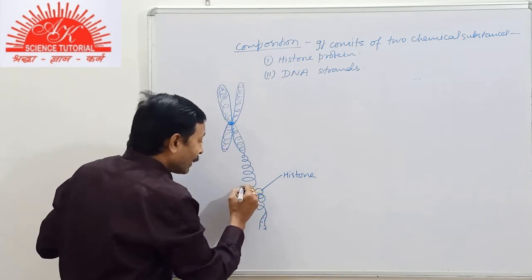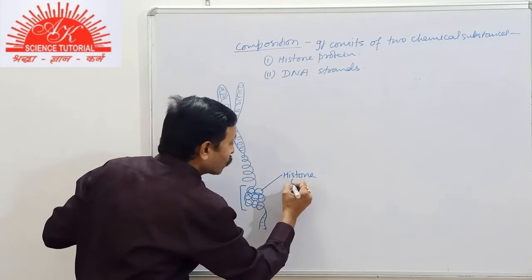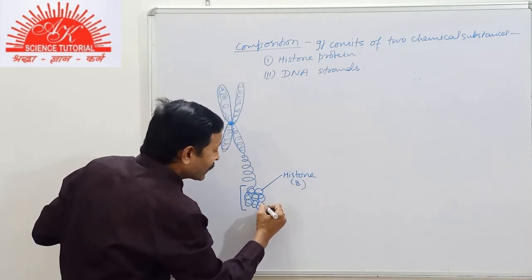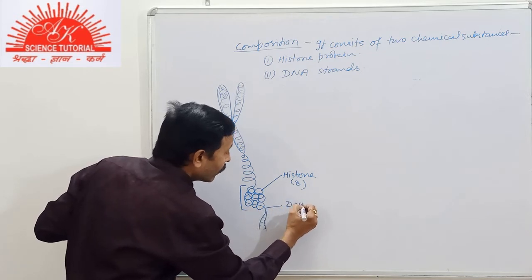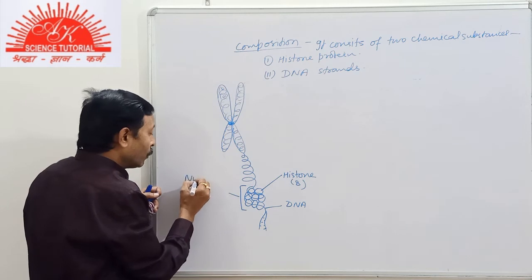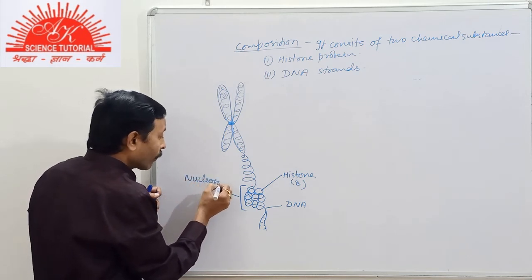So these 8 histone proteins are wound by DNA strand, and this together is known as nucleosome.